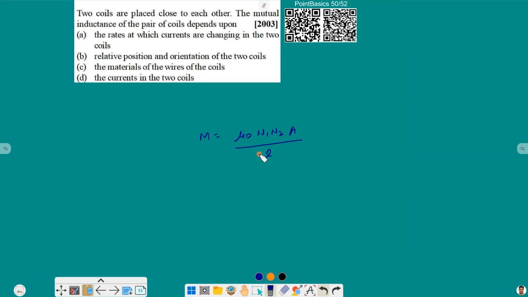And when we calculate this formula, we consider that both of the coils are overlapping on each other. So mutual inductance depends neither on the material of the wire, nor on the value of the current, nor on the rate of change of current. It depends upon the relative position and orientation. Better the coupling, higher will be the mutual inductance.